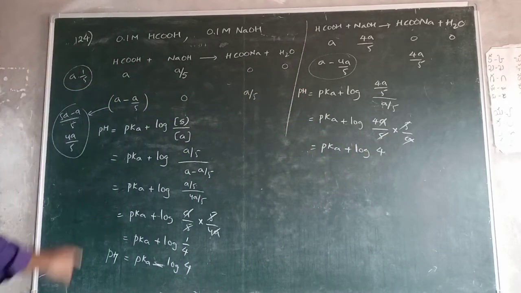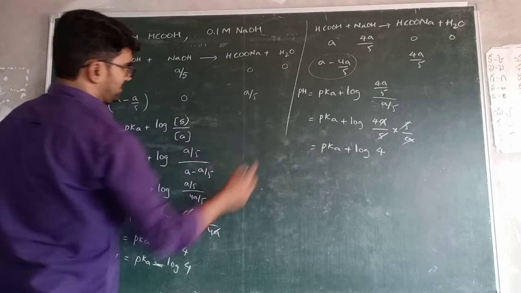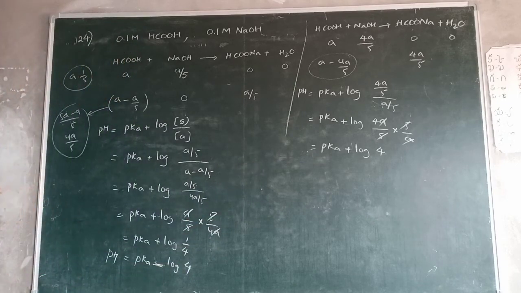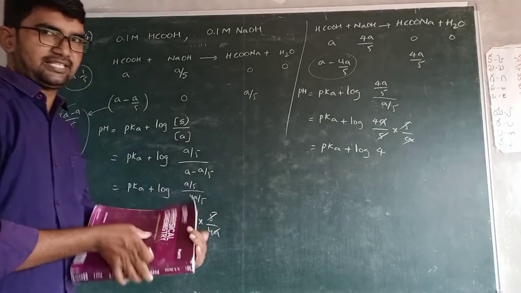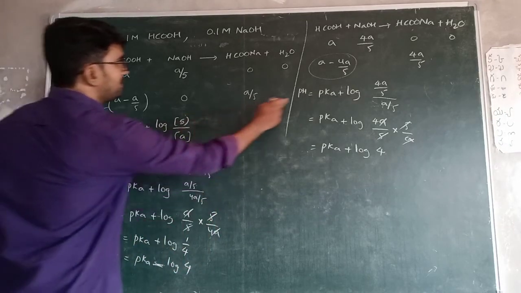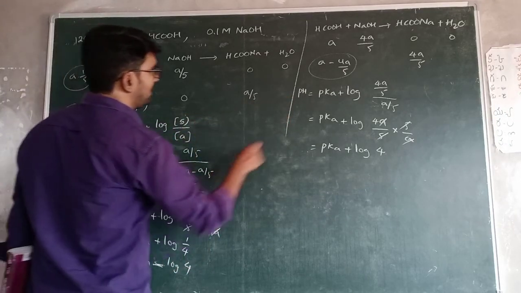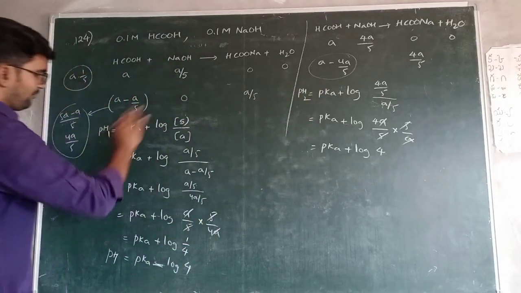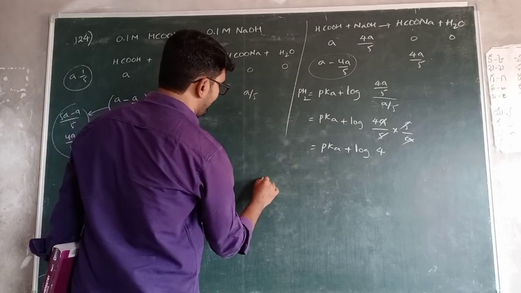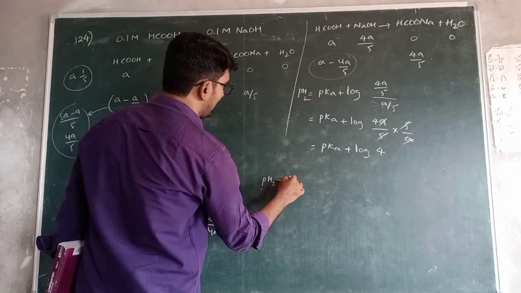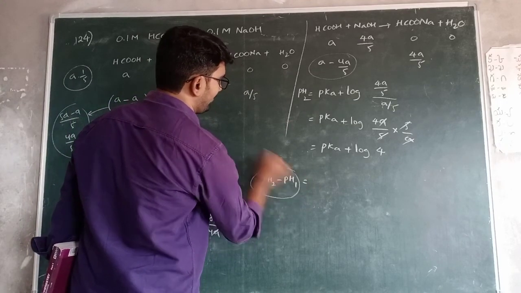Now this is the first pH, this is the second pH. Then what would be the difference in pH? This is the first one, pH1, this is the second one, pH2. So the difference means pH2 minus pH1. We want this difference value.